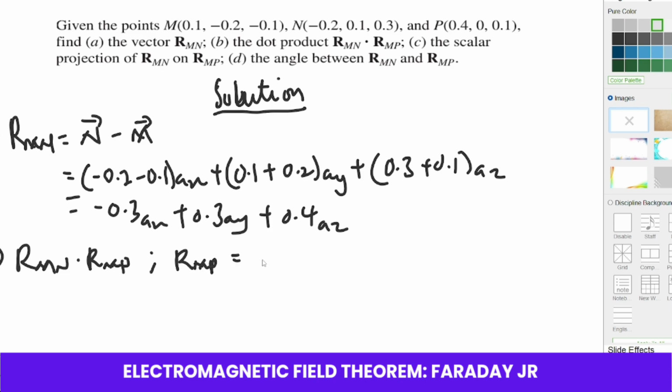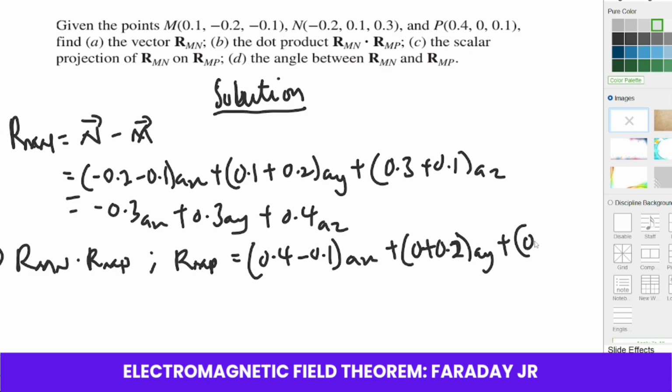RMP is just going to be P minus M. So let's go, P 0.4 minus M 0.1, all that AX, plus 0 minus -0.2, so plus 0.2, all that AY, plus 0.1 minus -0.1, that's plus 0.2, all that AZ.